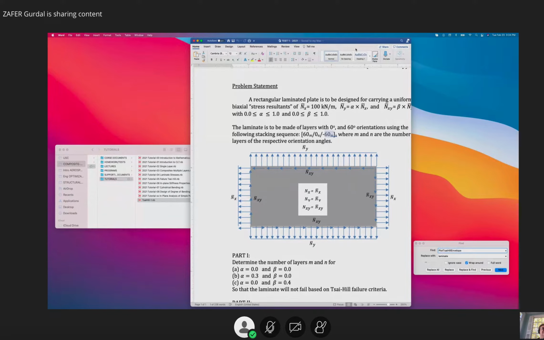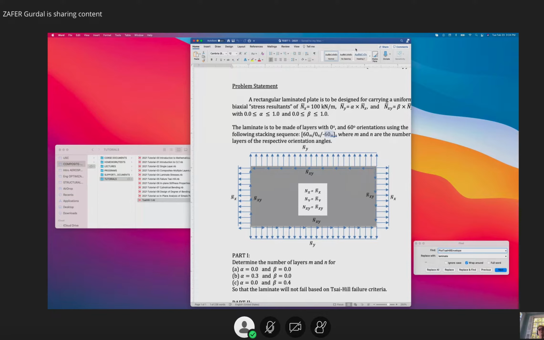If there are stiffness requirements that need to be met, you'll be able to design, which is the second part of this particular problem, which I will put the statement in there. Besides meeting the stress requirements, you'll also meet stiffness requirements for the laminate.